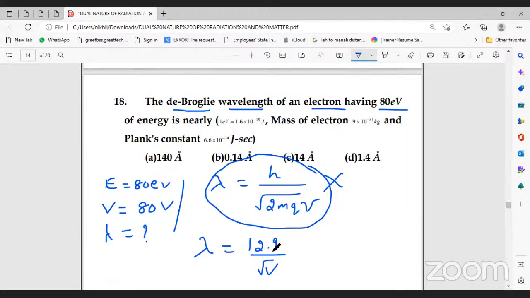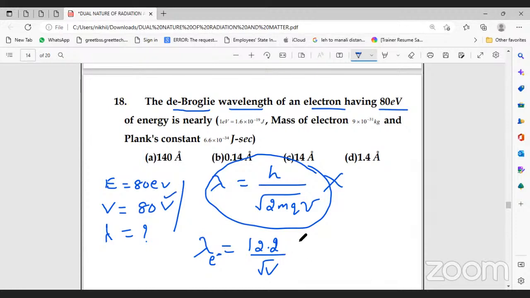If you know the potential, you can use directly 12.2 divided by root V, only for electron. I hope I have given for alpha particle and proton also.